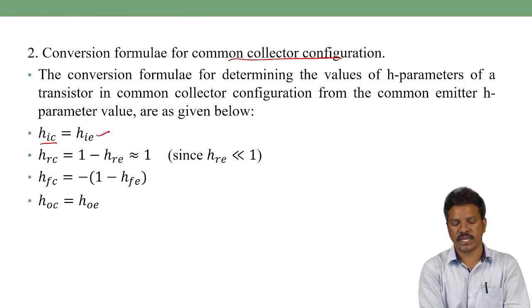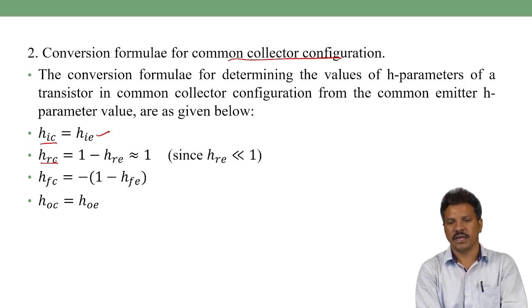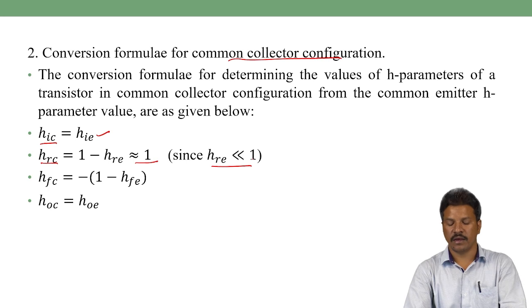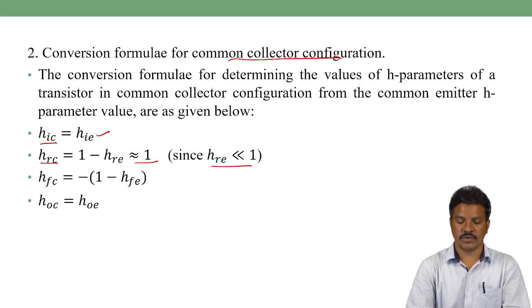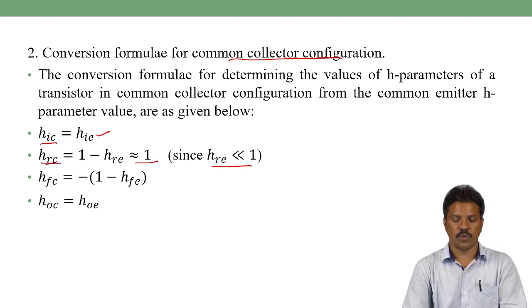HIC is equal to HIE, and HRC is equal to 1 minus HRE, which is approximately equal to 1 because HRE is far less than 1. HRE we can calculate in the graphical analysis. HRE is of the order of 1 into 10 to the power of minus 4, so it is far less than 1. So HRC is approximately equal to 1.